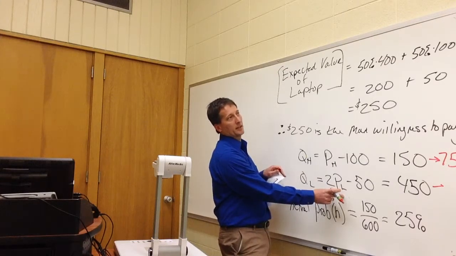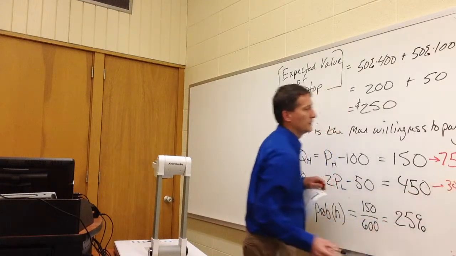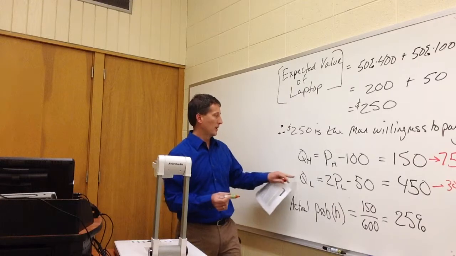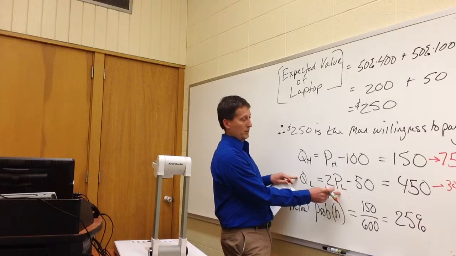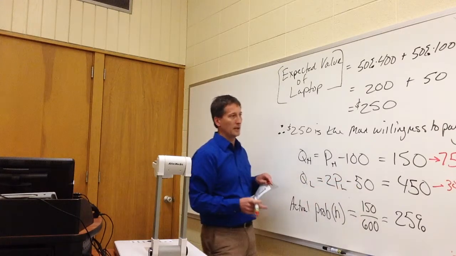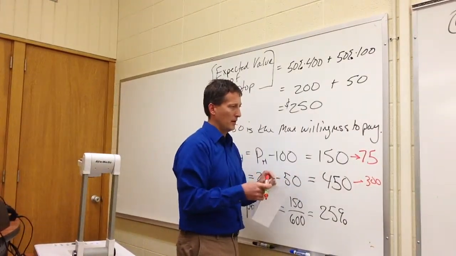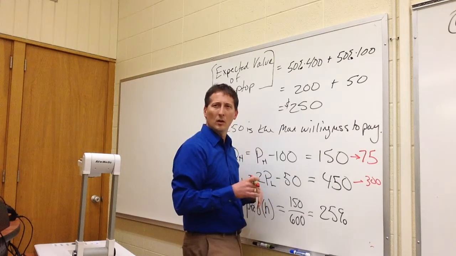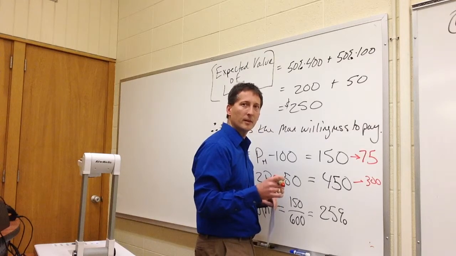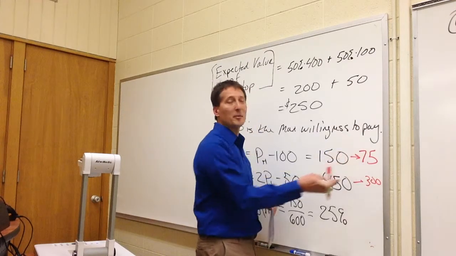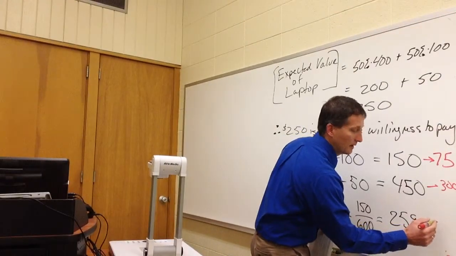This is getting a little tricky, isn't it? 75 divided by 300. Oh, I'm sorry, 75 divided by 375, because we have to add those together. 20%.